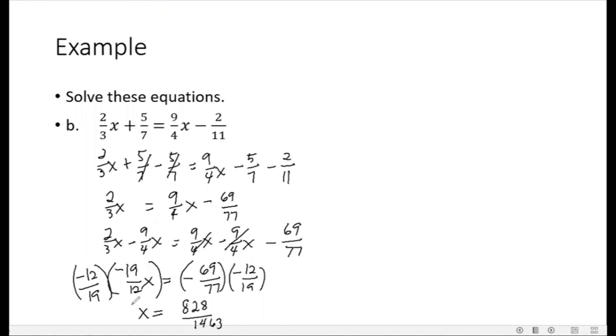Okay, so the value of x is 828 over 1,463.